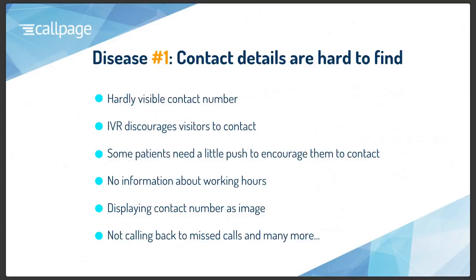The first thing that's not good on a couple of websites is a hardly visible contact number. The second thing is that IVR discourages visitors from contacting you, because nobody likes to wait online and be patched through to someone else. We'd like to show you how to avoid it, but I will leave it to Patricia in the further presentation.